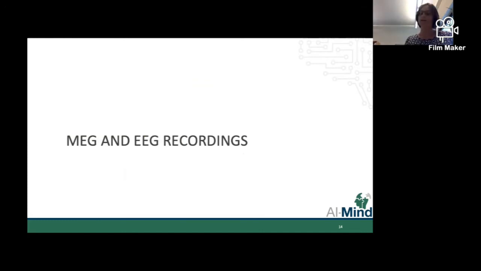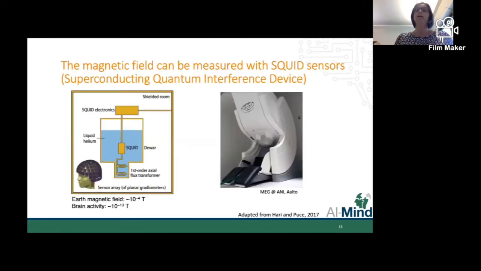All right, so that was a few words about how the signal is generated. But how do we then measure it? Modern MEG systems use SQUID sensors. These are superconducting quantum interference devices that can measure very weak magnetic fields.